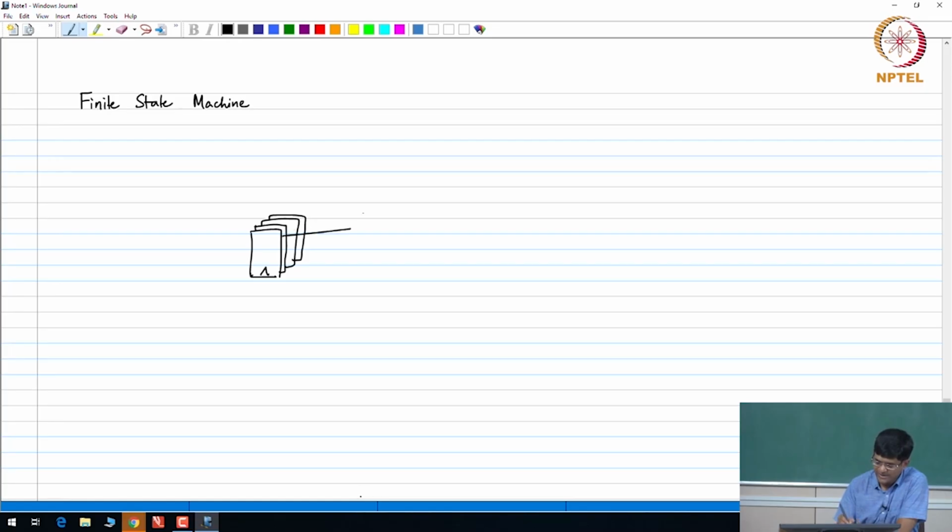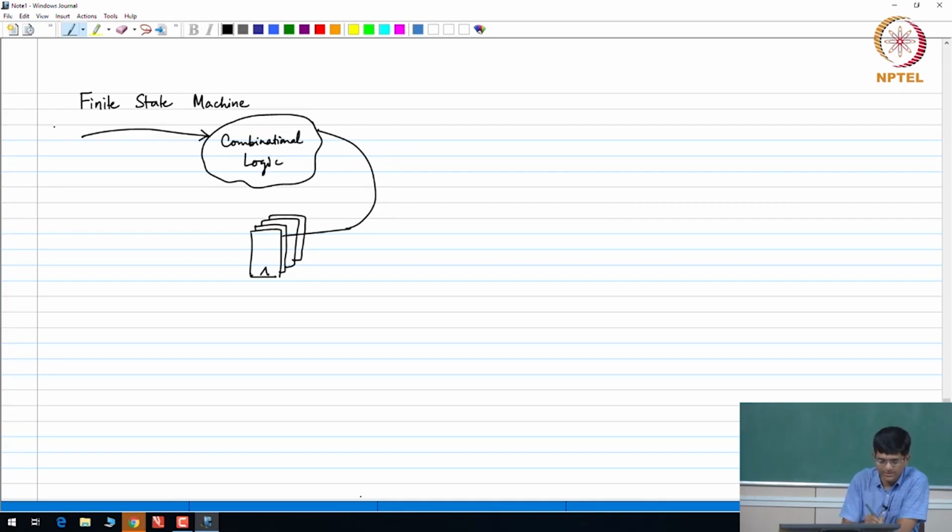The values of these registers are then put through some combinational logic, where they are in turn combined with certain external inputs, and the combination of both of these determines what should be the next set of values going into these registers.